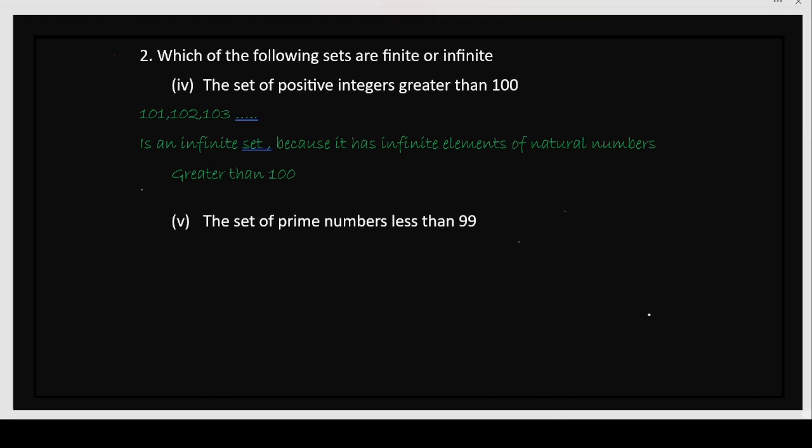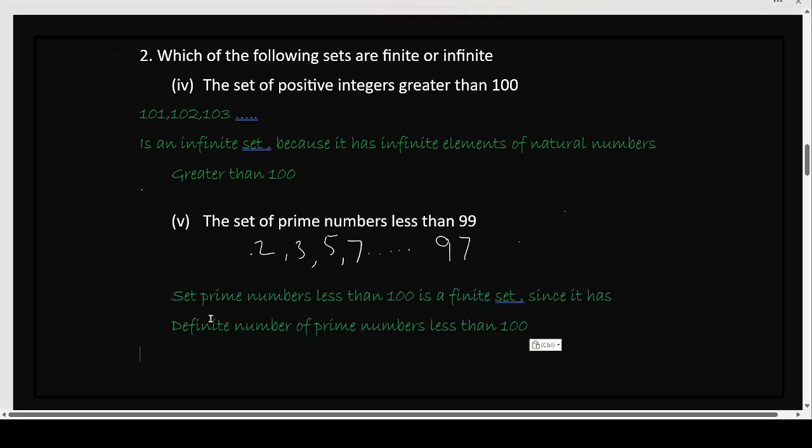The prime numbers can be 2, 3, 5, 7, and so on up to 97. 97 is the last prime number in the 90s. But the number of elements is limited. So the set of prime numbers less than 100 is a finite set. We'll move to the next question.